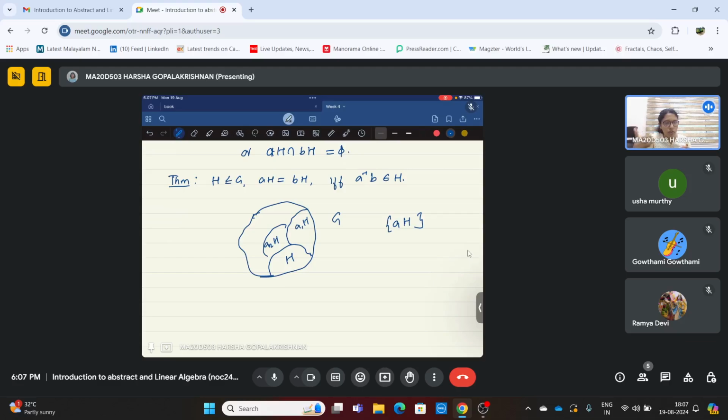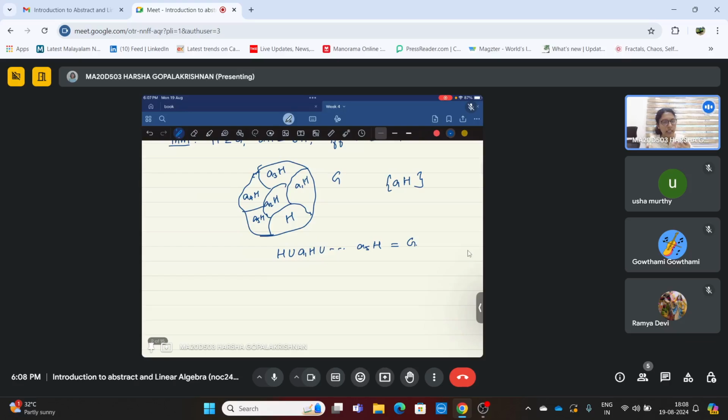H is a subgroup, but the other cosets need not be subgroups. It is a disjoint collection: a3H, a4H, a5H, and the union of H, a1H, and so on up to a5H will be the whole of G. So the collection of cosets corresponding to one subgroup H covers the whole of G, and this is a disjoint collection.